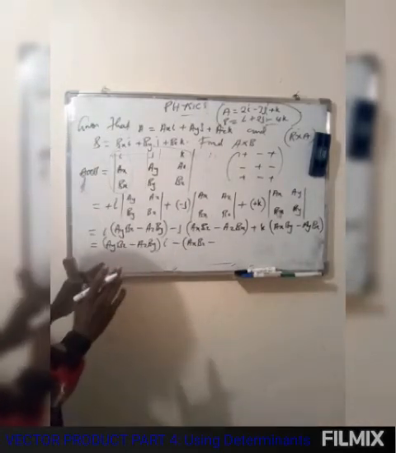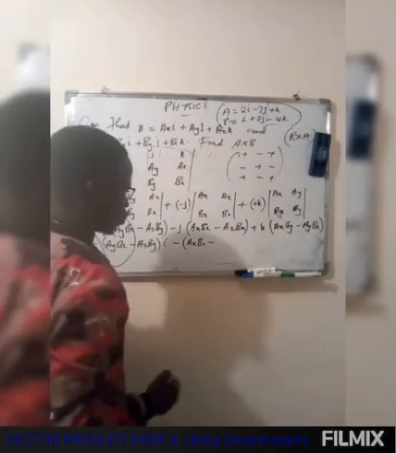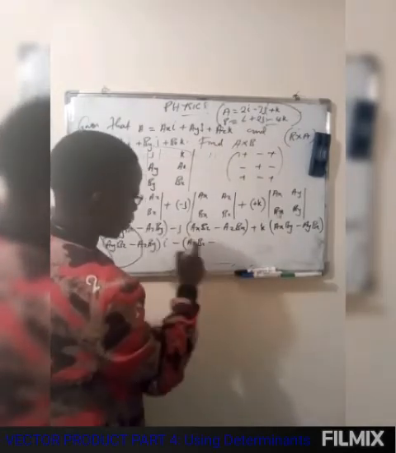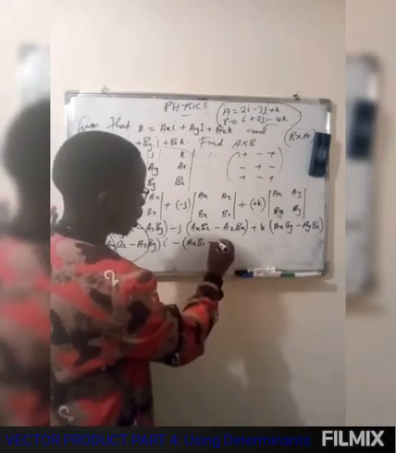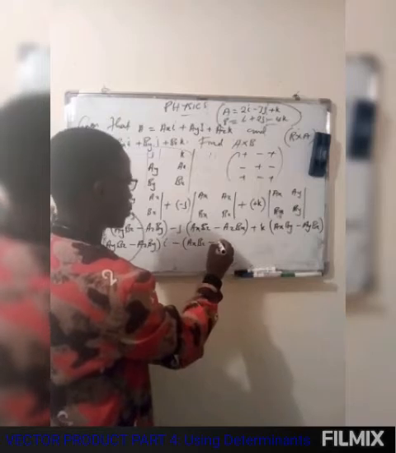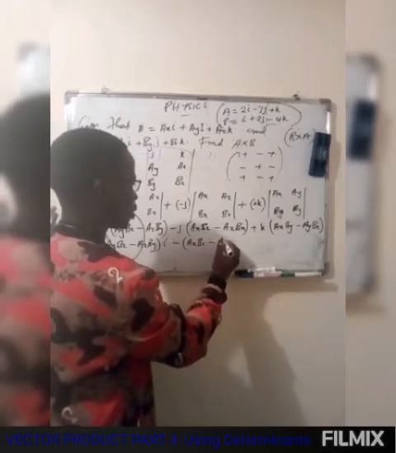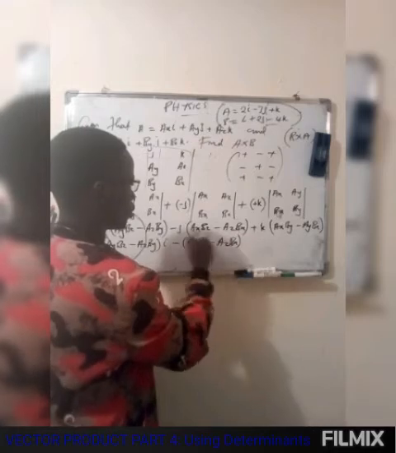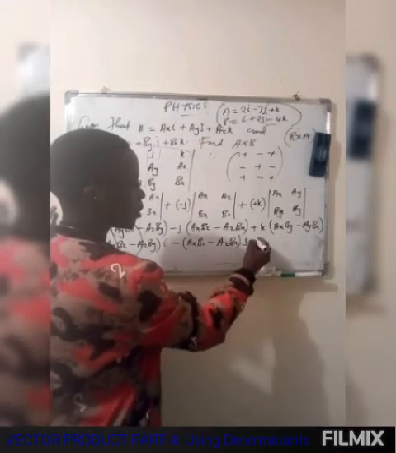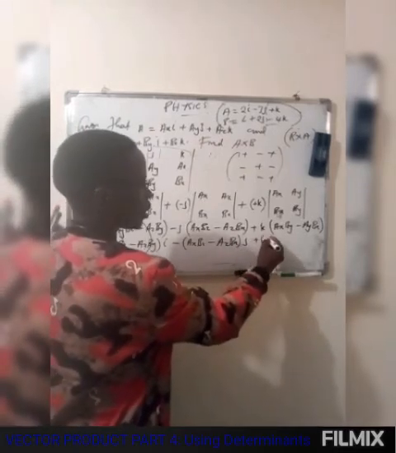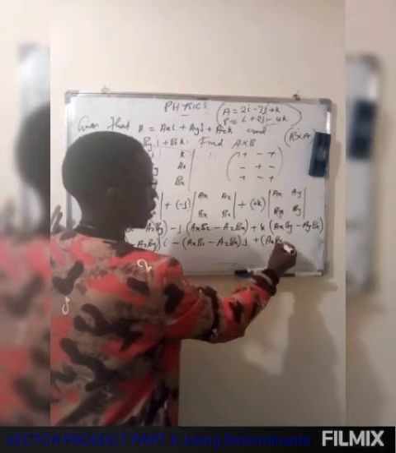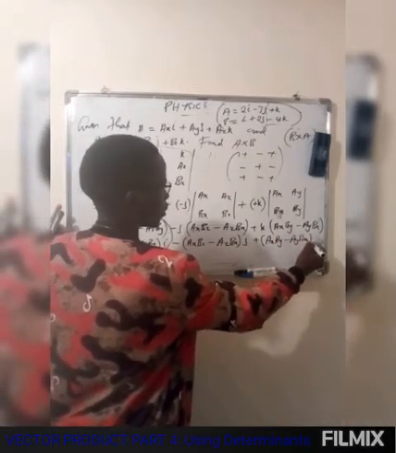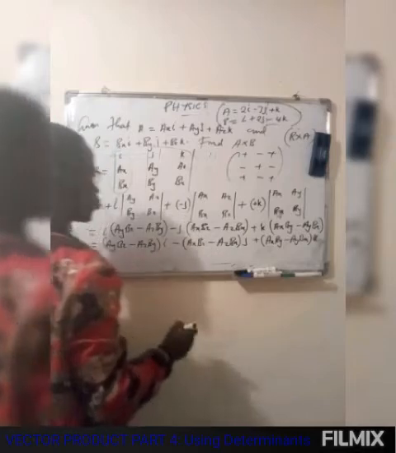Let me maybe first continue and then I'm going to do that in the next step. Okay, minus AX, right? Minus AX AZ BX, then this j comes in front there, plus AX BY minus AY BX, okay, k, right?